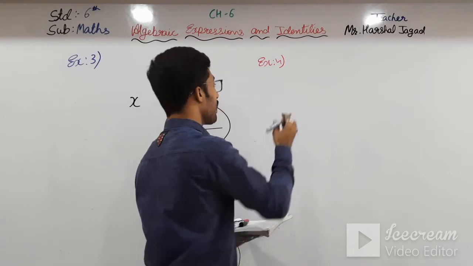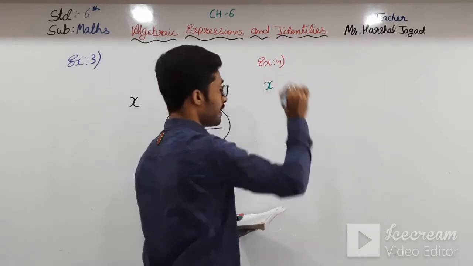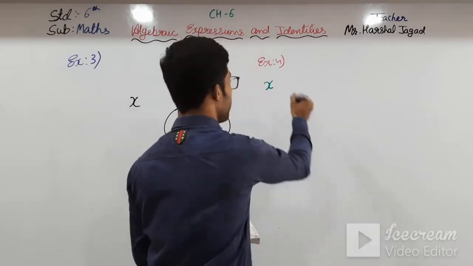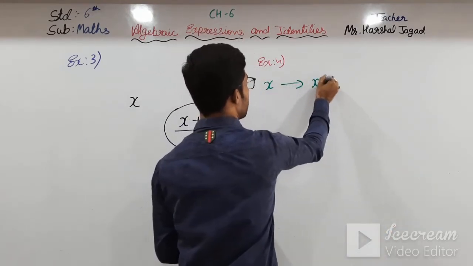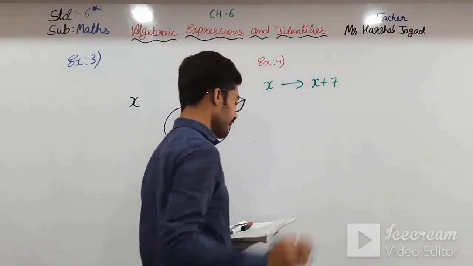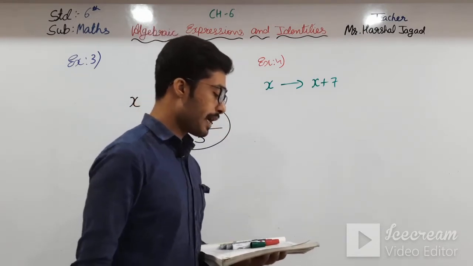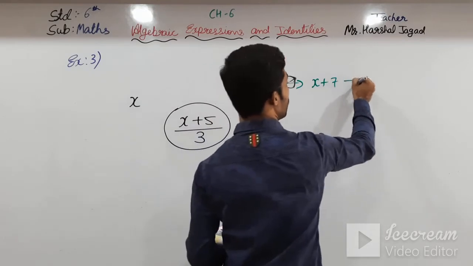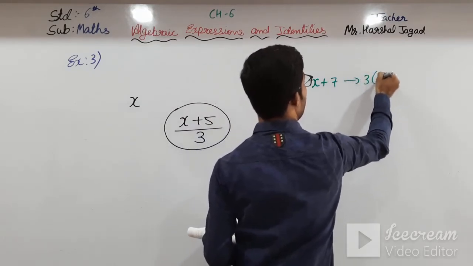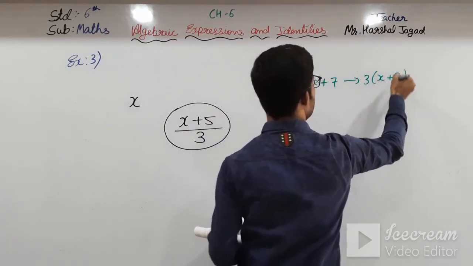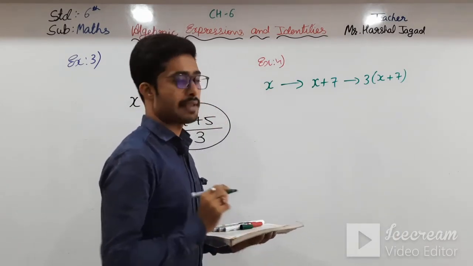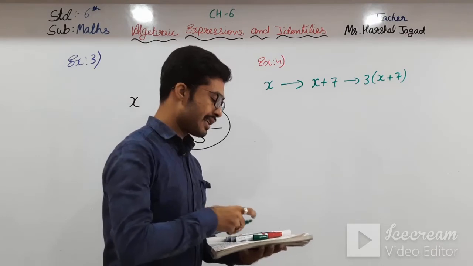So, there is a number x, and add 7 means we have to add 7. So, we have x plus 7. We have added 7 and then multiply the result by 3. Then we have to multiply this by 3. So, what we will do is 3 times x plus 7. Okay students, 3 into x plus 7.